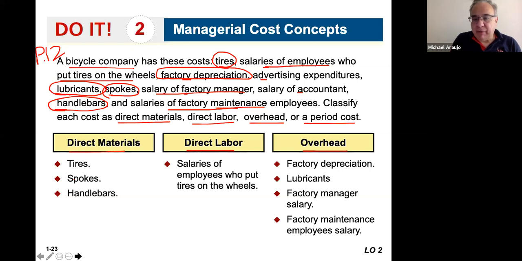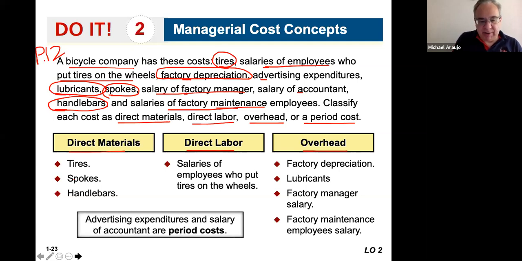Now, in terms of the period costs, that's advertising expense and the salary of the accountant. The accountant does work for the company, but is not directly related to making the bicycles. So that is a period cost.